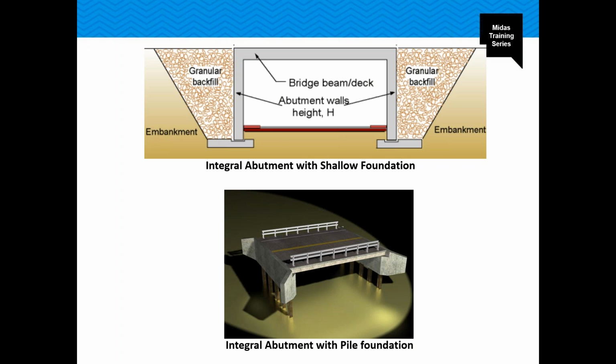But the biggest problem with integral abutments is the cyclic lateral expansion of the deck of the superstructure. This expansion and contraction is mainly due to temperature variation, which can result in cracking and buckling of the abutment stem. So these forces have to be critically assumed during design to avoid these kinds of issues.